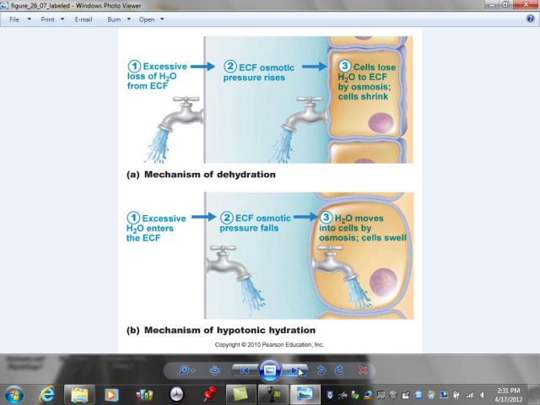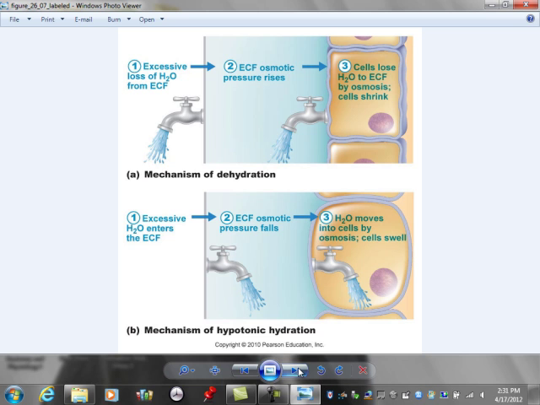When we talked about tonicity, and we talked about dissolved substances in our fluids. Well, when we talk about ECF, what's ECF? Extracellular fluid, there creates a pressure gradient due to the amount of dissolved substances in those fluid compartments.